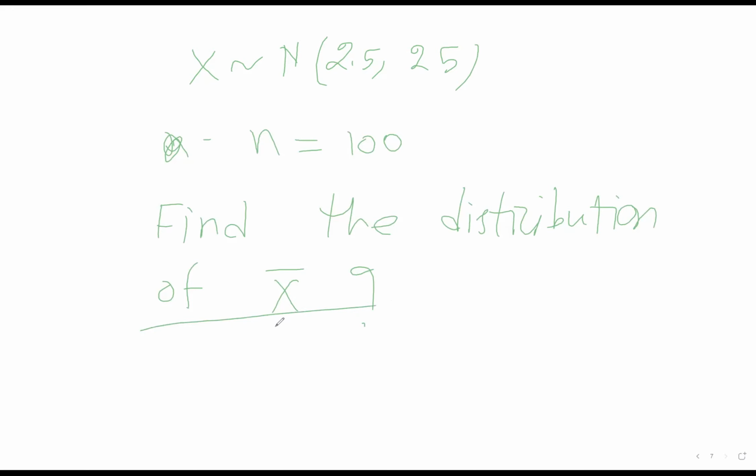Okay, you can just type, if it is normal distribution, just type normal distribution with this mean and this variance. Or if it is normal distribution, then you can just write X normal with mean and variance. Or if it is some other distribution, you have to calculate the mean.